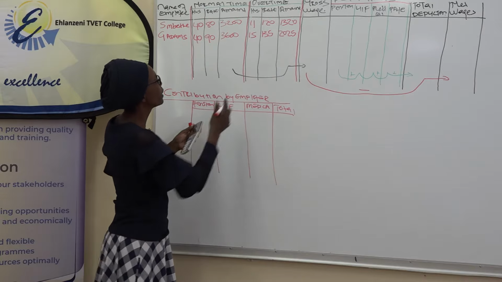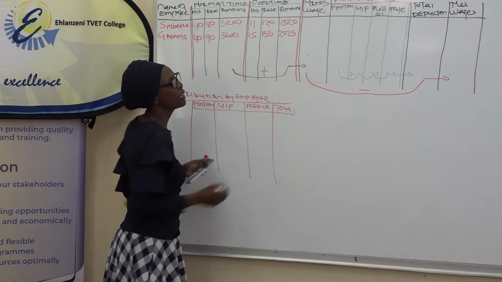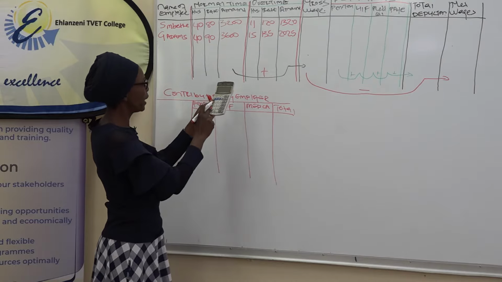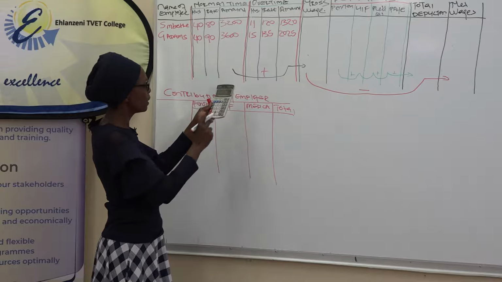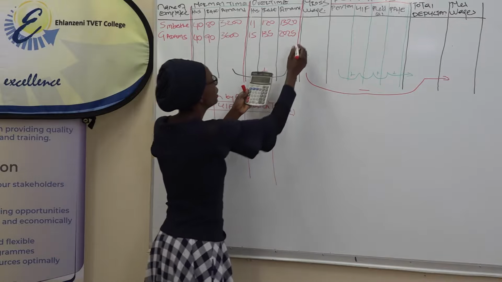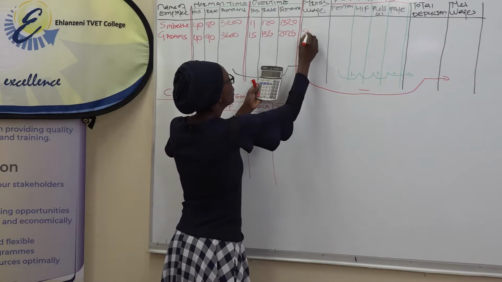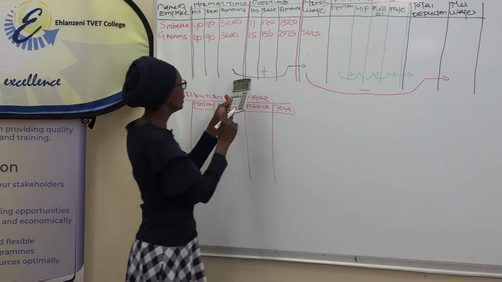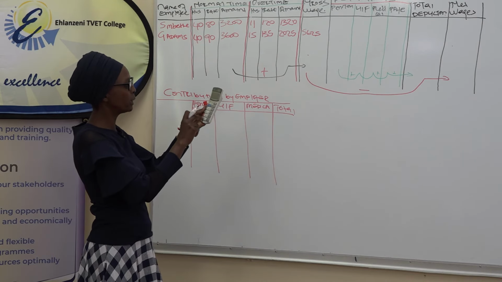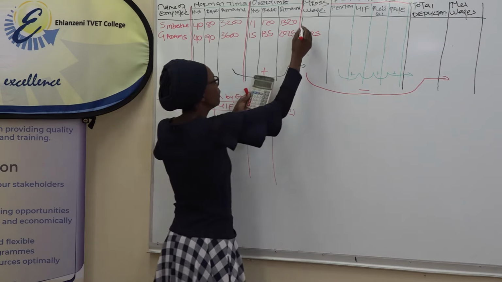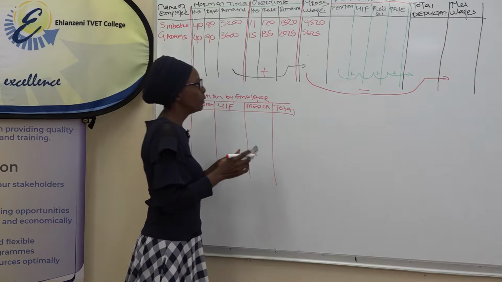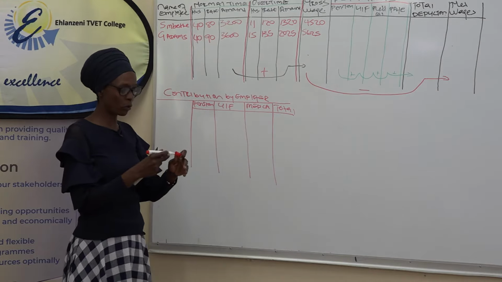If we add them together, it gives us the gross wage. 2025 plus 3,600 for Adams is 5,625. Then 3,200 plus 1320, the gross wage is 4,520.